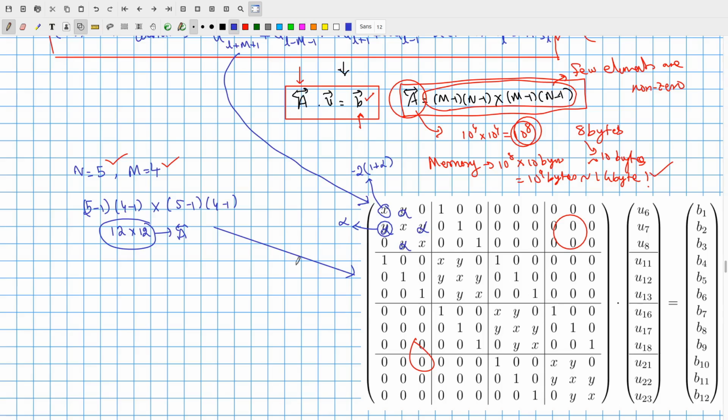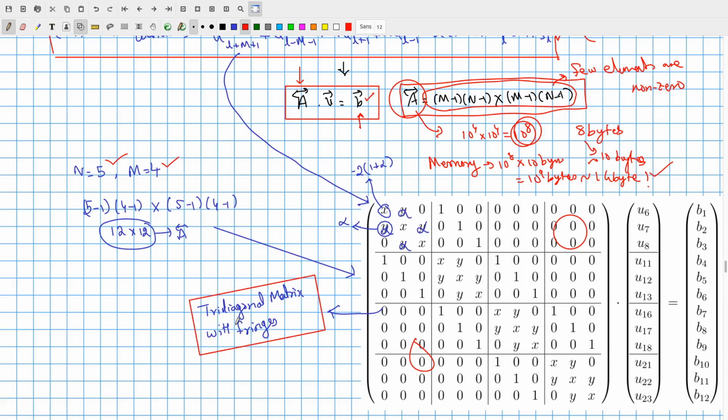This type of matrix is generally called a tridiagonal matrix with fringes. So this is the type of matrix you will get.